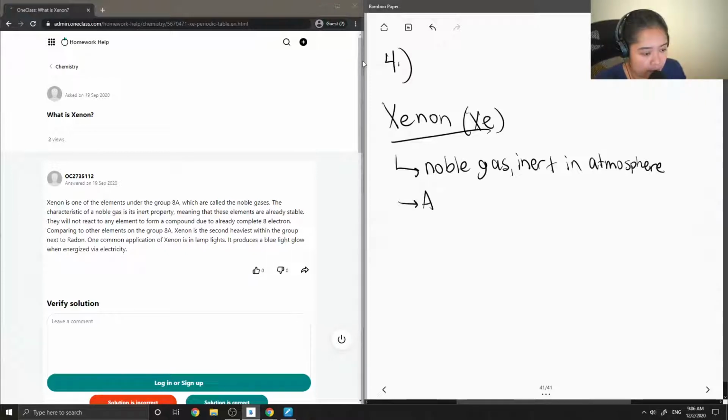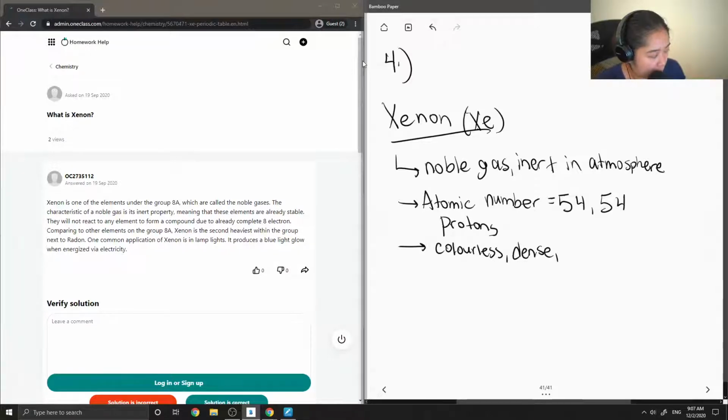Xenon has an atomic number equal to 54. So this means that it has 54 protons. So it's a very heavy gas. It is colorless, dense, and also odorless.